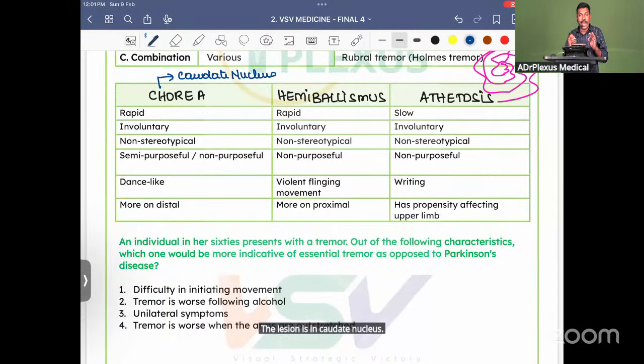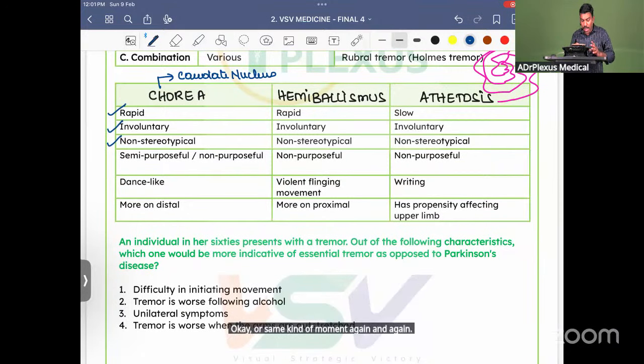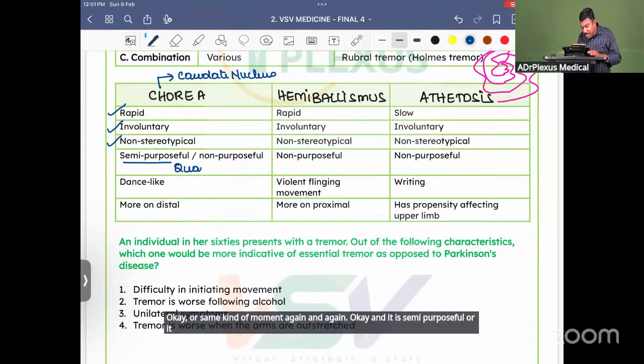This is a rapid, involuntary, non-stereotypical movement. Non-stereotypical means it's not the same movement again and again. It is semi-purposeful, also called quasi-purposive.